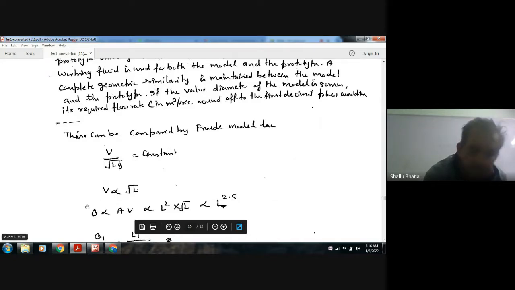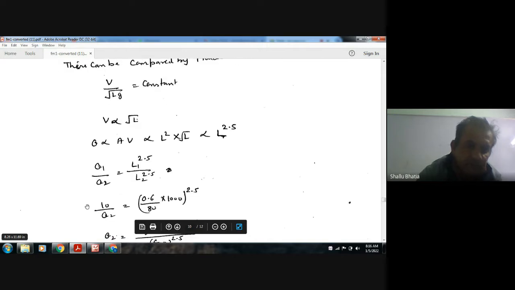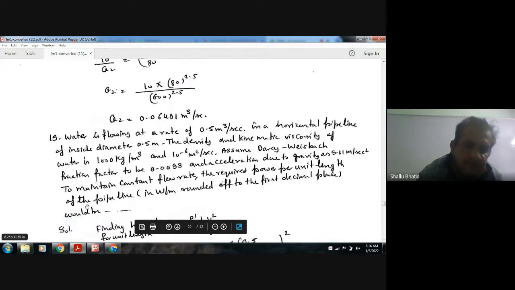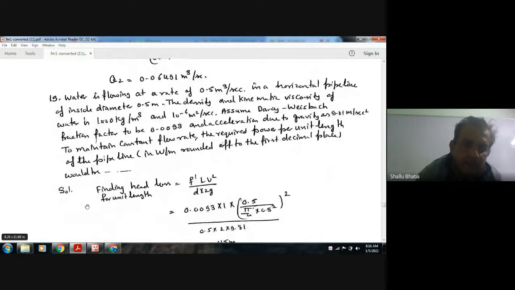So depending on the discharge. Okay. Next, water is flowing at a rate of 0.5 meter cube per second in a horizontal pipe of inside diameter 0.5 meter. The density and kinematic viscosity of water are 1000 kilogram per meter cube and 10 to the minus 6 meter square per second.